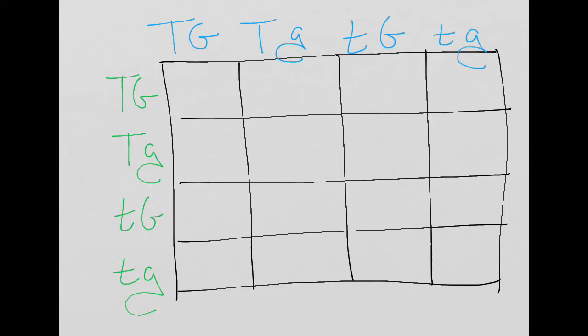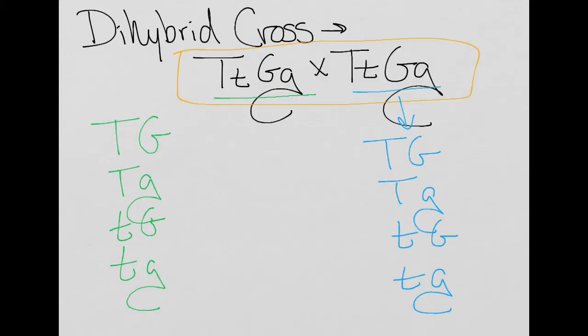All right, and then we fill in just as before. Certain things we bring down, and the horizontal ones we bring across. However, watch how I do this. Just like before when we were writing their genotypes, notice how I kept the T's all together and the G's all together. It's not TG, TG.